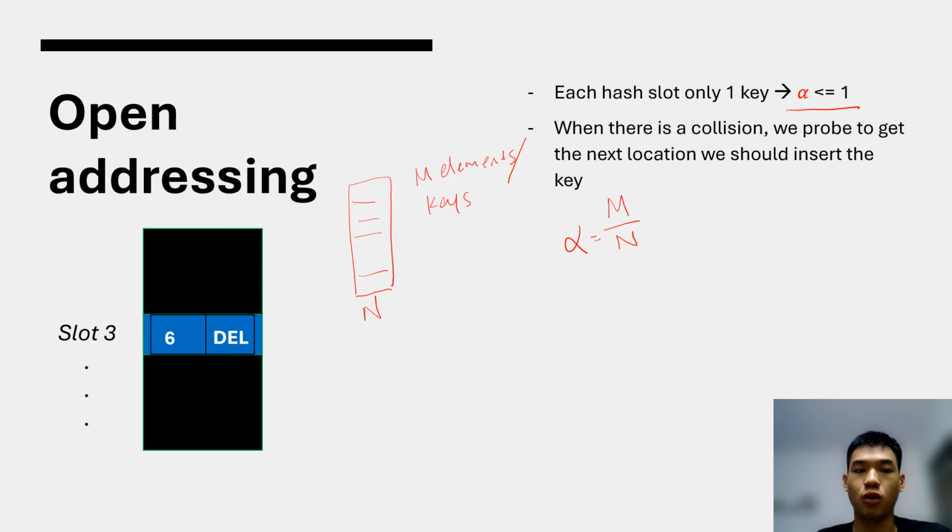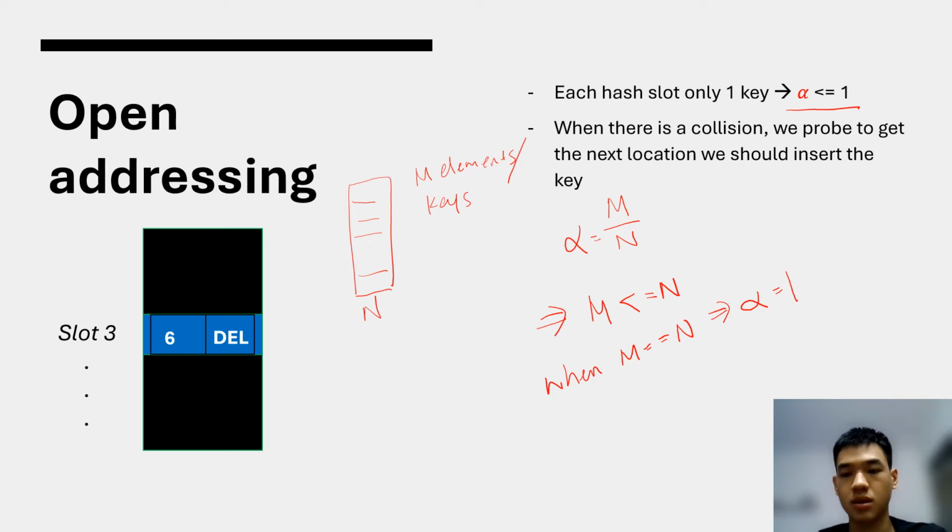So for open addressing, if I say alpha must be less than or equal to 1, it must mean that this implies n is less than or equal to m. And when n equals m, then alpha equals 1. So any value, when m is more than n, alpha will always be less than 1.